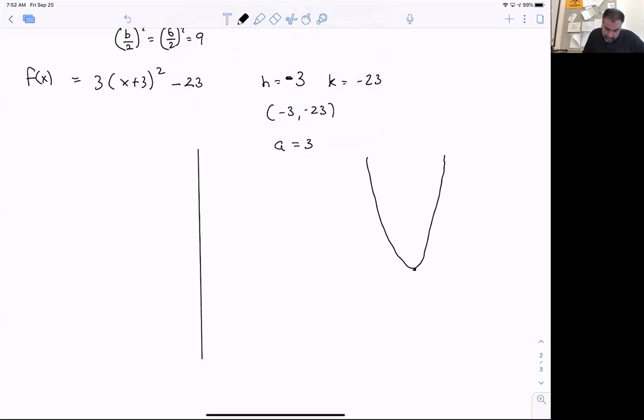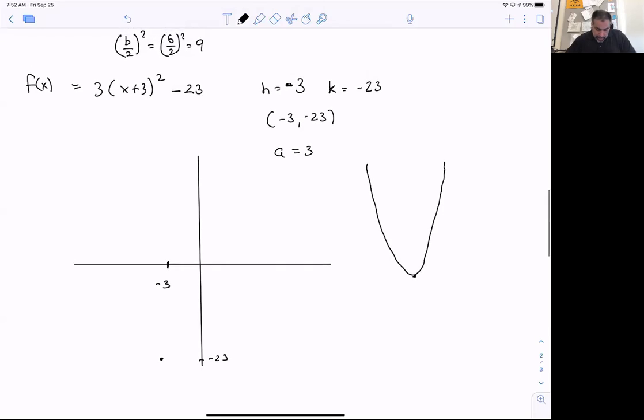So we're going to want to take and move that parabola to the point negative 3, negative 23. Now, this isn't drawn to scale, but as long as you label it well, we're going to accept it, okay? We are going to make this guy open upward.